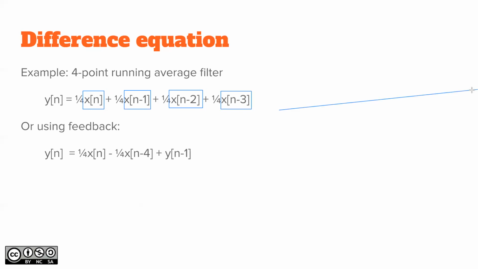Maybe I can actually draw that like that. This is our system signal, and then we take some samples out of it, for example here, there, there, there.